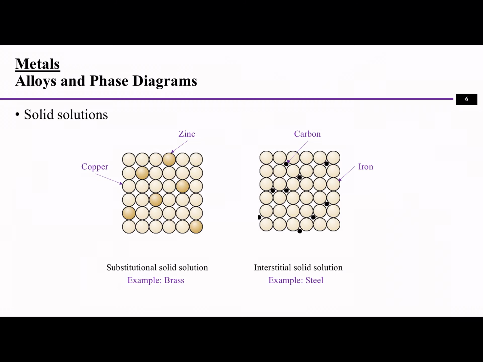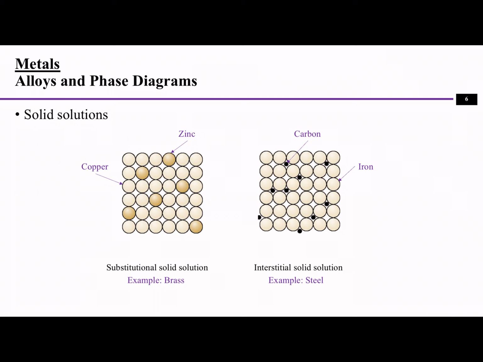All right. So a solid solution means the material can be dissolved in the main element. For example, this is zinc in copper. Copper is the base material, while zinc is the second element. As you can see, the zinc atoms can replace some of the copper atoms and then form the same structure.